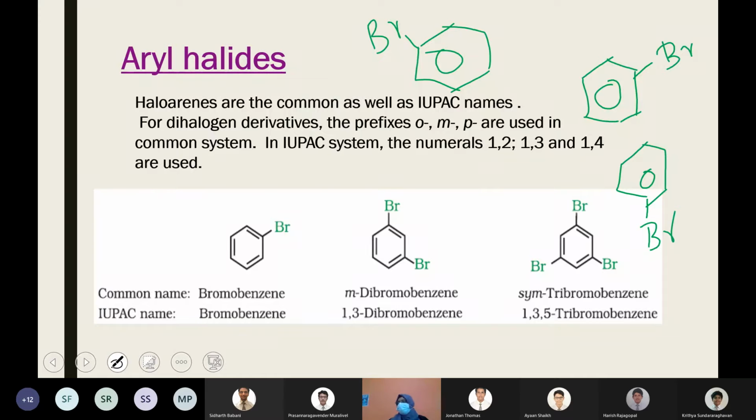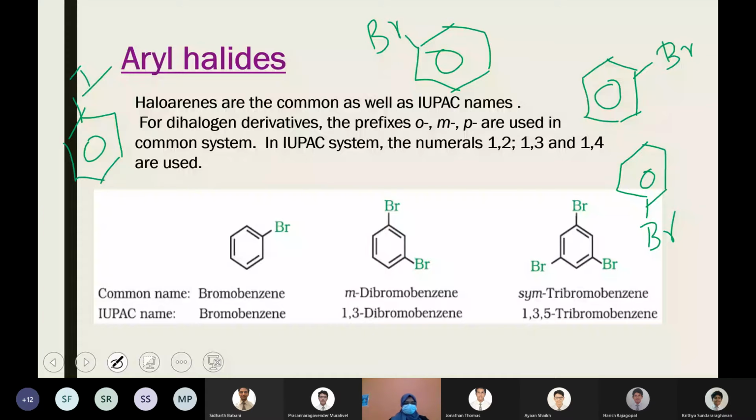You can simply write bromobenzene, chlorobenzene, iodobenzene, and show the halogen at any carbon atom in the benzene ring. But if more than one halogen is present in the same benzene ring, then you have to do the numbering or use the words meta, ortho or para.